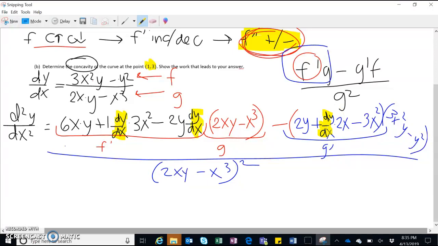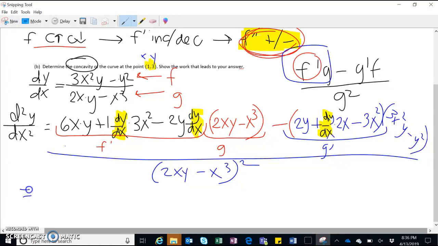And what I just uncovered in part A is that dy dx is 0 at (1, 3). So not only am I going to plug in an x value of 1 and a y value of 3, I'm going to plug in a dy dx value of 0 everywhere that I can.